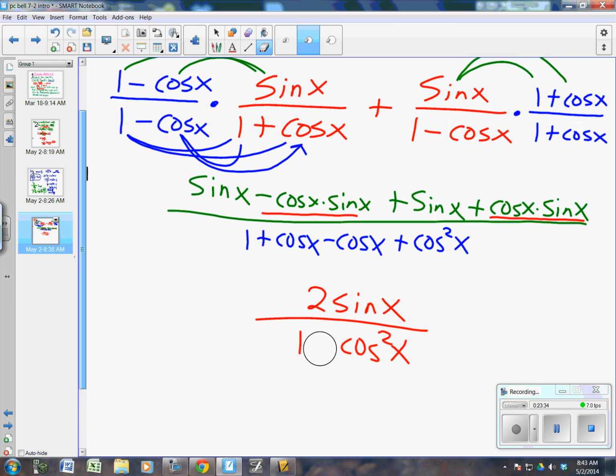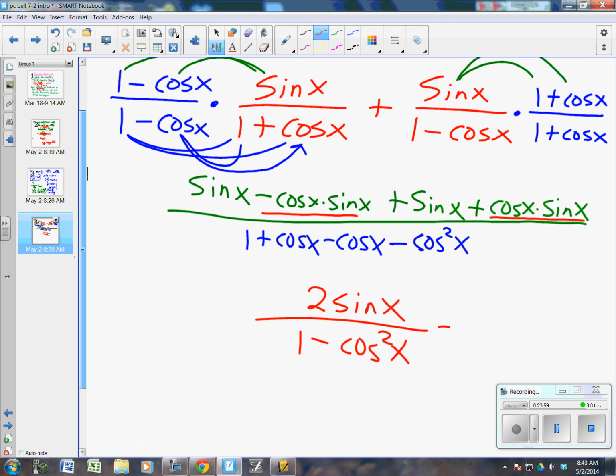I made a mistake. See this plus right here? Should be a minus. Does anybody know why? Why is that a minus? Cosine of x times a negative cosine of x is a negative cosine squared of x.